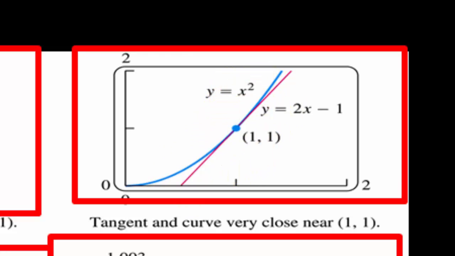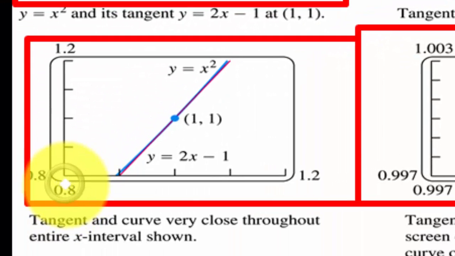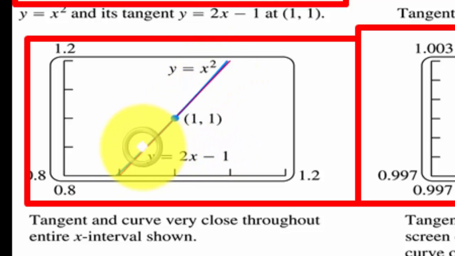Okay, let's keep on zooming in, and then we just look at the graph of the function from 0.8 to 1.2. And you see, gosh, there's not even a difference between the two. You can't hardly tell which one. Well, I guess you can see that there's the blue curve, and then there's the tangent line.